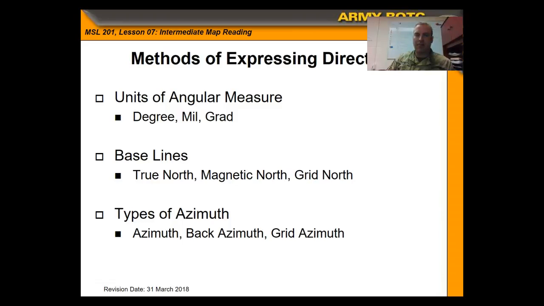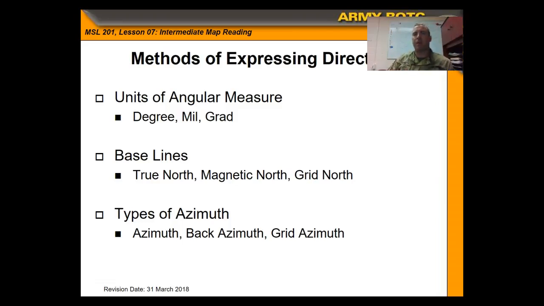Being in the right place at the prescribed time is necessary for successfully accomplishing military missions. Direction plays an important role in a soldier's everyday life, and this learning objective identifies the units of angular measure along with the 3 types of north.